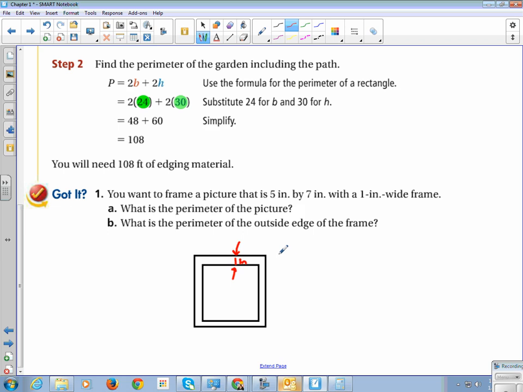We know the picture is 5, so from here to here is 5. Oh, I guess it would be the opposite. So this is 7, the long side is 7, and the short side will be 5.